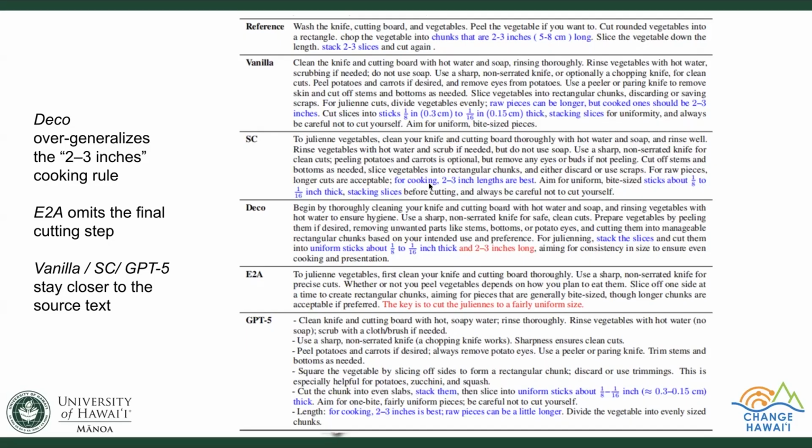But accurately, it's the cooking item that needs to be 2 to 3 inches long at best, and the sticks need to be 1/8 inch thick. And you can see that the style of different methods differs. Like GPT-5 doesn't just output a paragraph of summary; it outputs several so-called bullet points. So normally it can be more faithful and more accurate, but it's not that fluent to read.